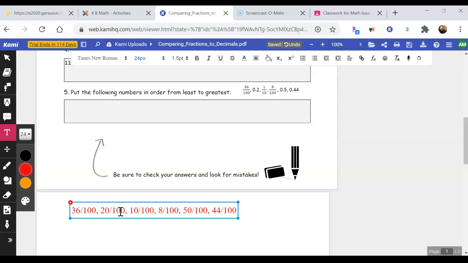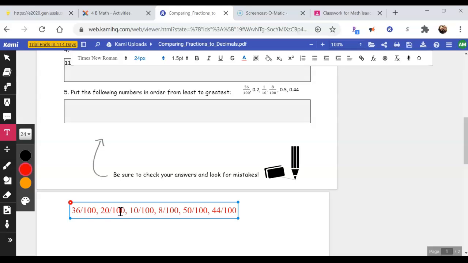So now you have all of your numbers in the same form, and you can see which one goes first, second, third, and so on. Basically now all you have to do is not pay attention to the part of the fraction that says 100th. You're just going to look at the top numerator and put those in order.